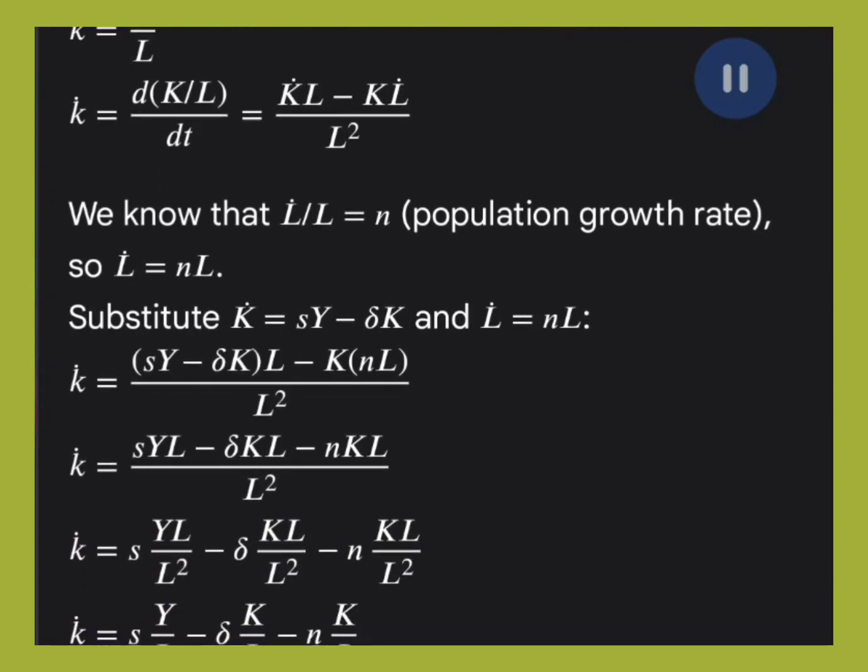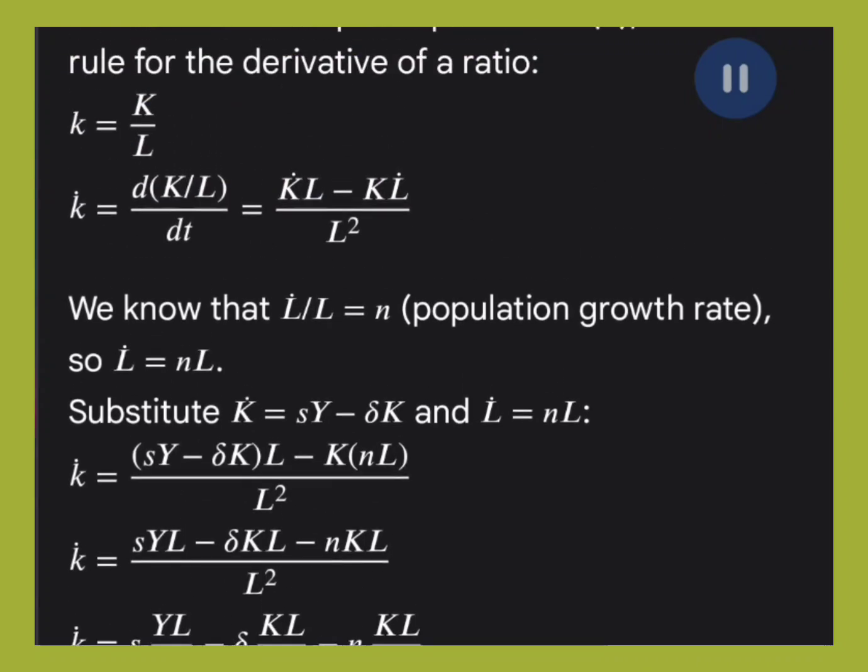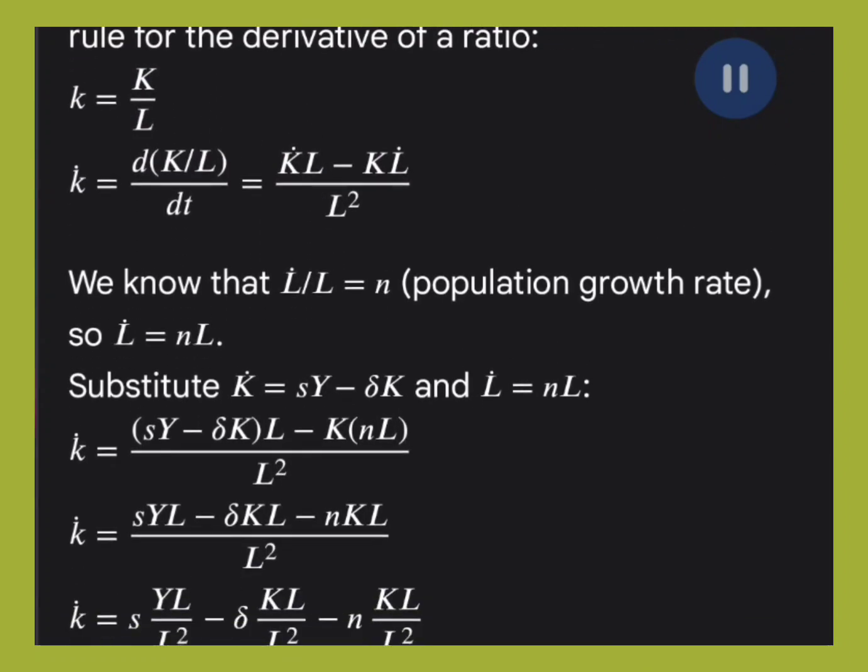Now substitute y equals k to the power of 0.5 from part A, so k dot equals s k to the power of 0.5 minus, open parenthesis, delta plus n, close parenthesis, k.